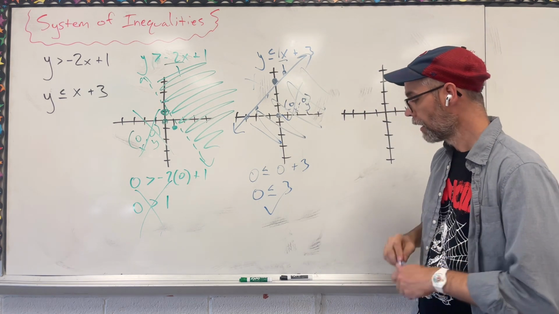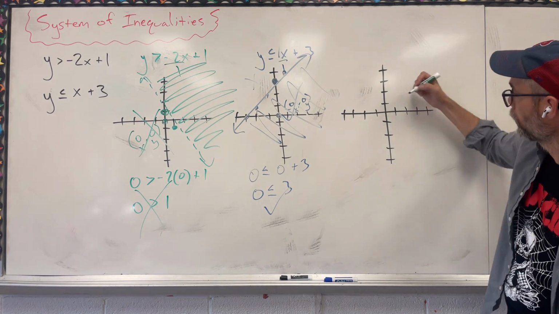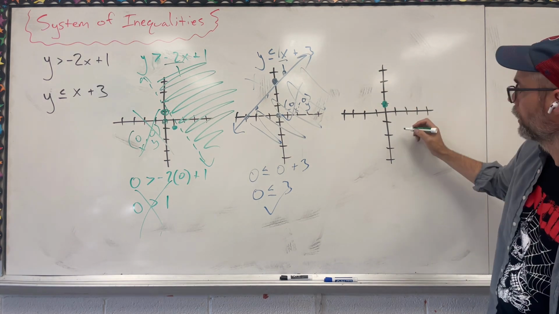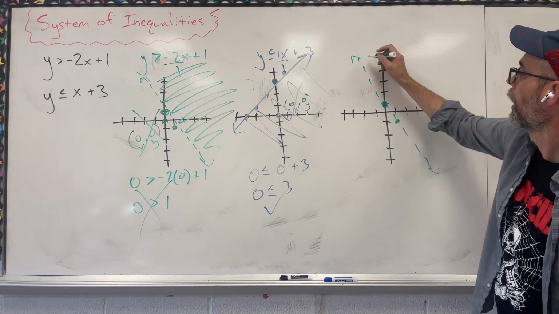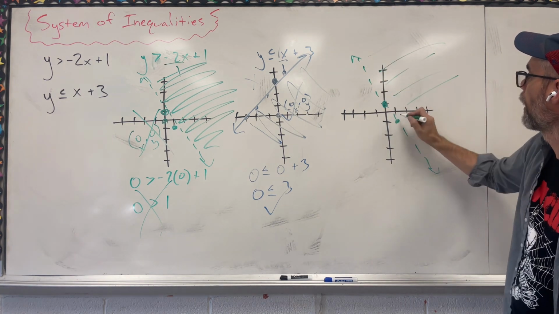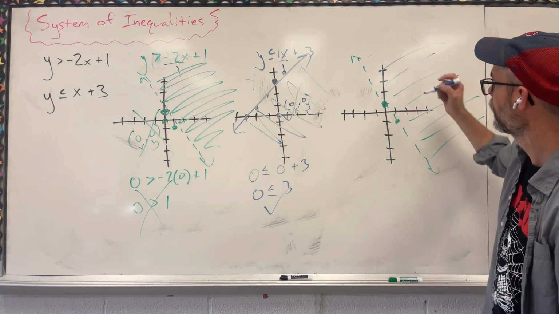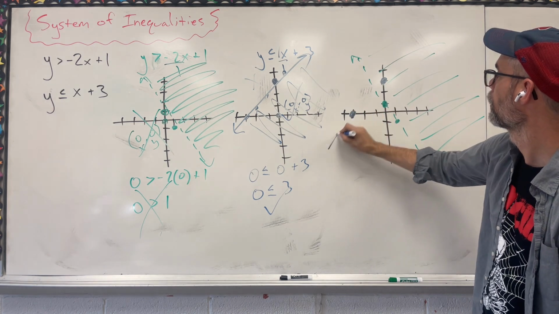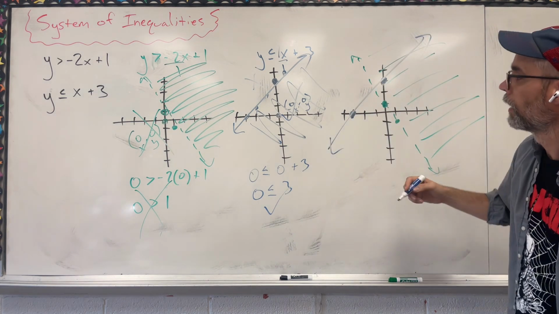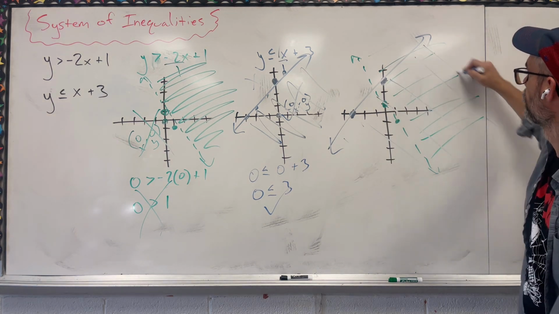Great. Now let's take both of these and put them together over here. So what do we know? We're green, green, dashed, and we go that way. Blue says we're here and here, and we shade everything that way.